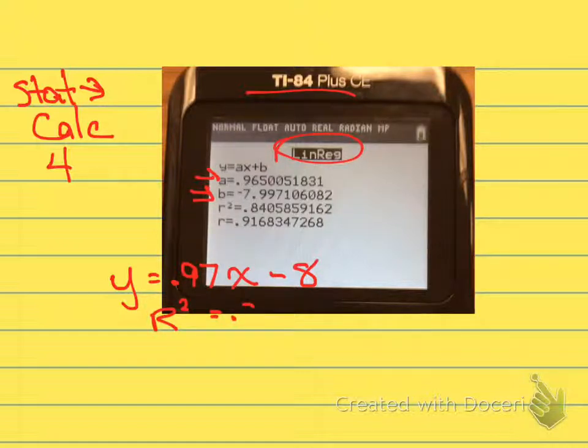R squared is 0.8406. Remember that the correlation coefficient r tells us how strong our linear association is. And that's really helpful to us. And sometimes that's going to show up for us, and sometimes it won't. But every single time we do a regression, no matter which one it is, we're going to see r squared. And so we're going to be able to compare that. So it might be a good idea for us to compare all the r squareds, because those r squareds are related to the r value, right? Just squaring them. So we're going to note that.